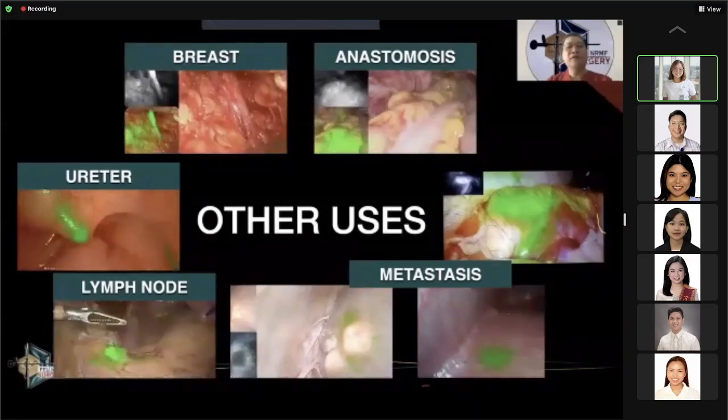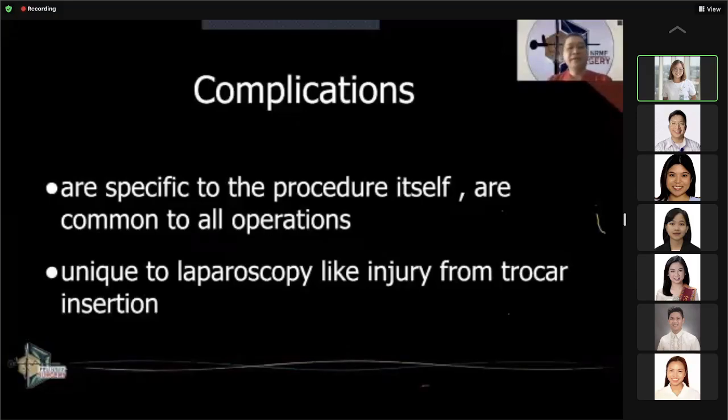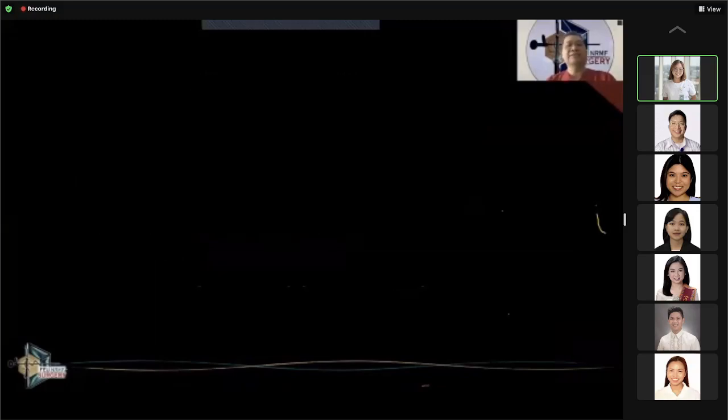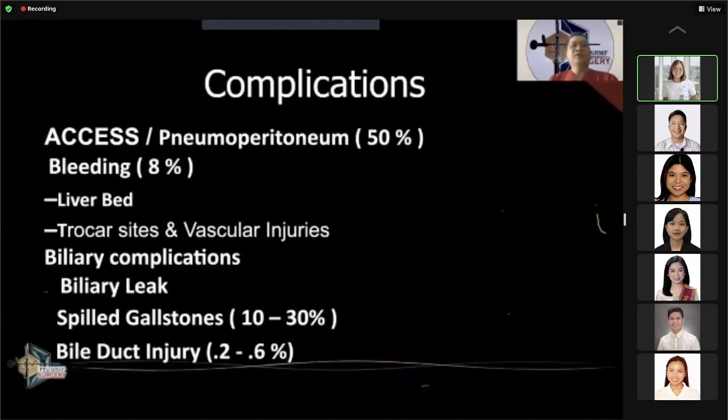Okay, so complications. As I've said, the complications are actually related to the procedure and to access and also the ESU. So this is the data showing you that 50% of the complications happen during access and pneumoperitoneum. Bleeding and bile leak, as you can see, are very rare, but the most devastating complication is bile duct injury.